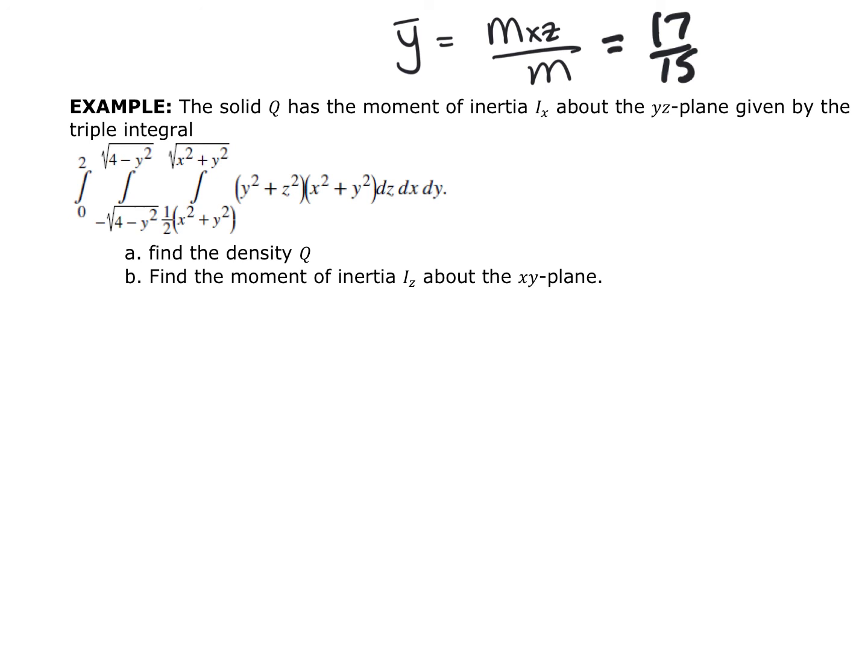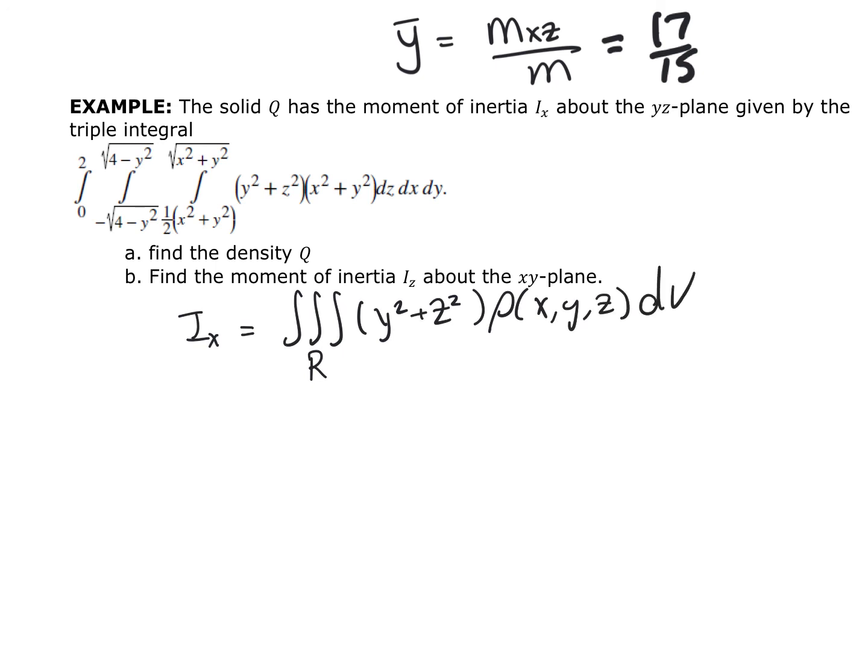Well, we know that the I x is equal to the region R of y squared plus z squared, my rho of xyz dV. Well, that means this must be my density function. Rho must be equal to x squared plus y squared.